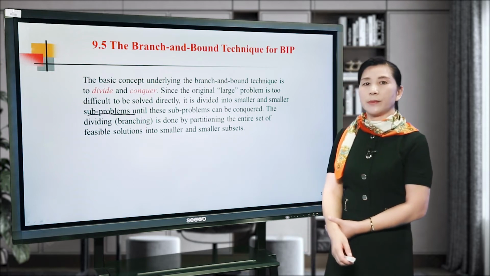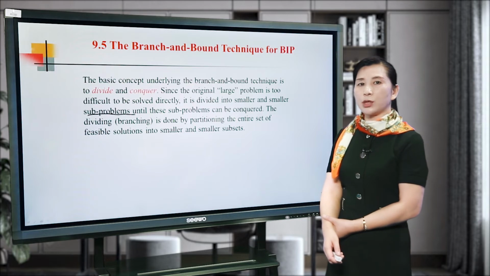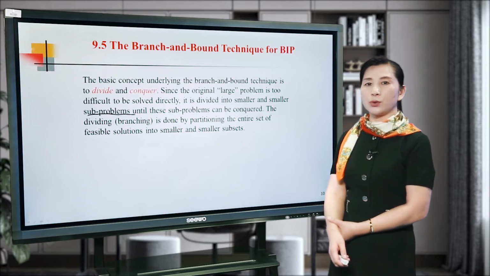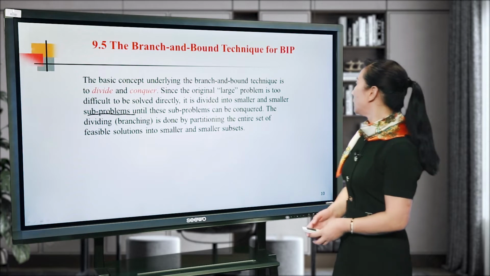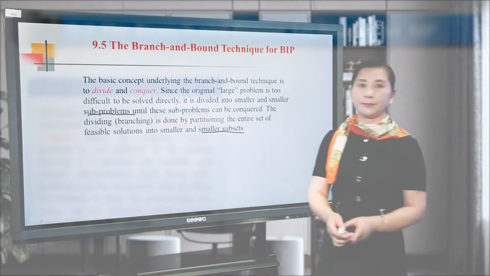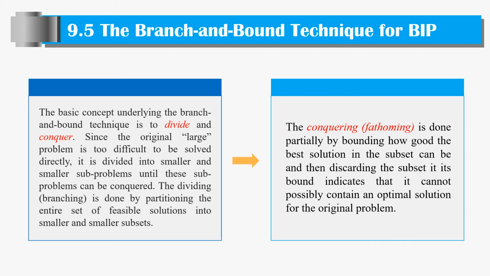This dividing is done by partitioning the entire set of feasible solutions into smaller and smaller subsets. The conquering is done partially by bounding how good the best solution in a subset can be, and then discarding the subset if its bound indicates that it cannot possibly contain an optimal solution for the original problem.